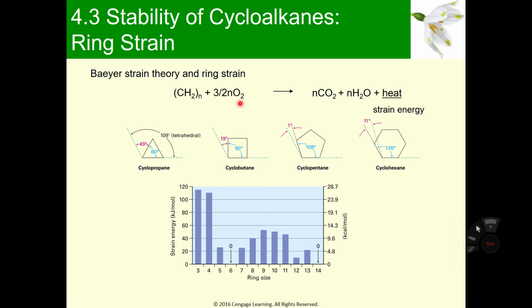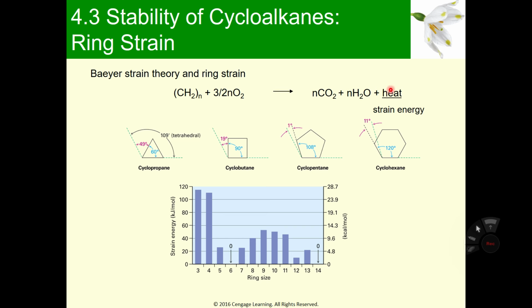Burning itself is a chemical reaction, right? So it produces CO2 and H2O. This reaction is generally exothermic and generates heat. The amount of heat depends on what kind of cyclic compounds you have.